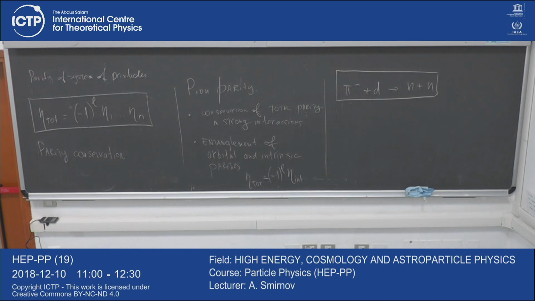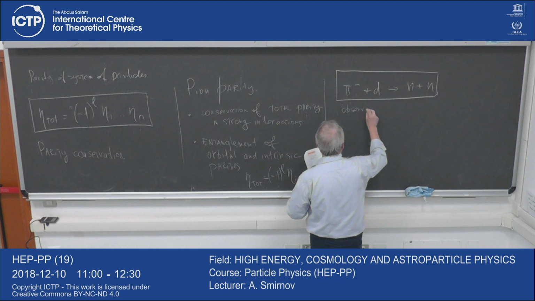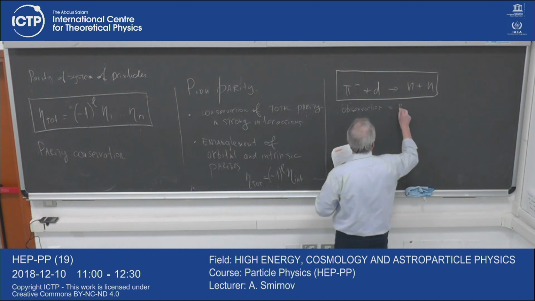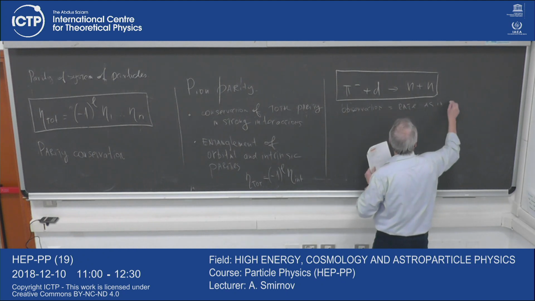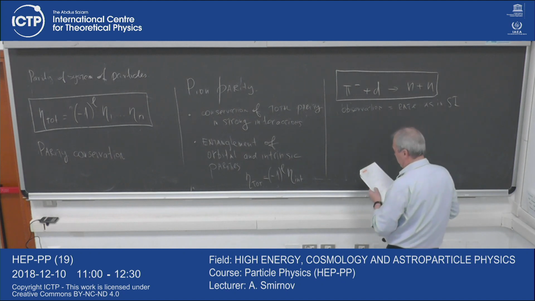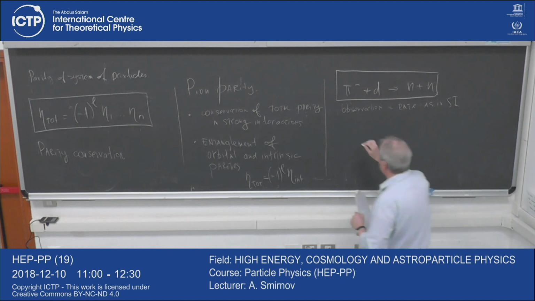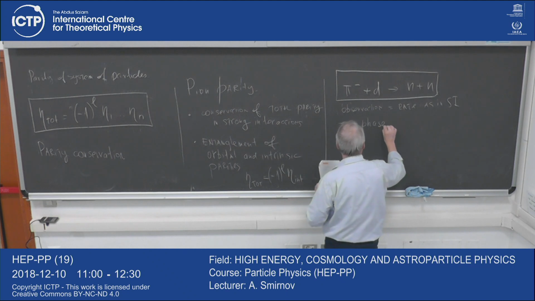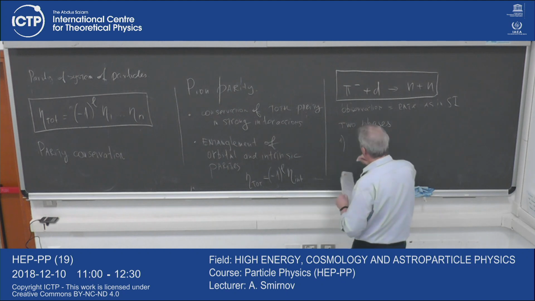It proceeds with the rate which is expected according to strong interactions, and there is not any additional suppression. The process proceeds in two phases. The first phase is formation of a pi atom.